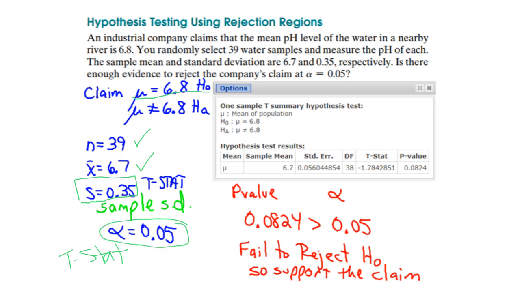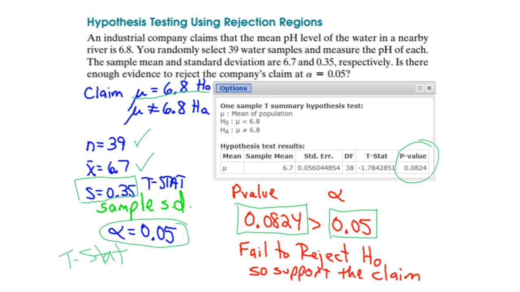So I'm going to put everything I know into t-stat and hit compute, and it's going to give me my p-value. My p-value is 0.0824. That is greater than my alpha, my level of significance, of 0.05. Therefore, I am going to fail to reject the null hypothesis.